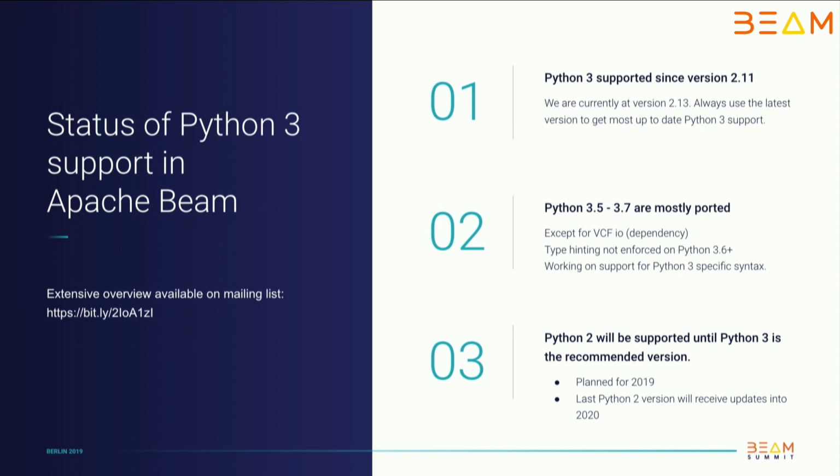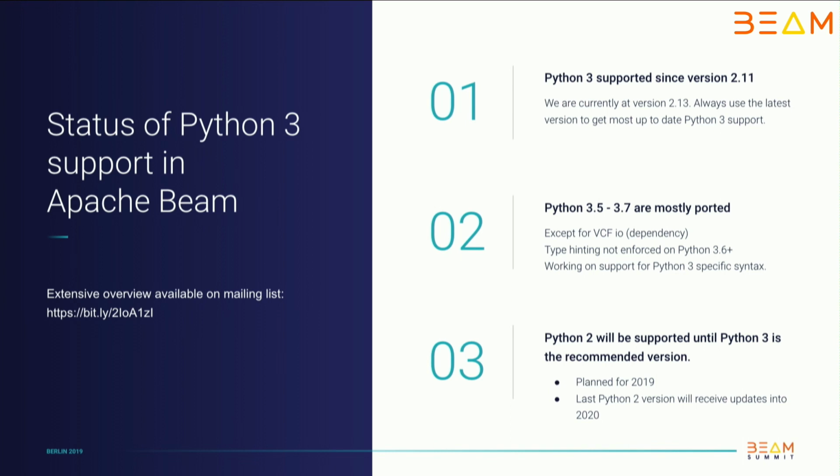The type hinting is not enforced on Python 3.6 plus, and we're still working on Python 3 specific syntax support. For Python 2, it will be supported until Python 3 becomes the recommended version of Beam, and this is still planned for 2019. But the last version with Python 2 support should get updates into 2020. If you want a more extensive overview, there's one on the mailing list, and there's a link to it on this slide.